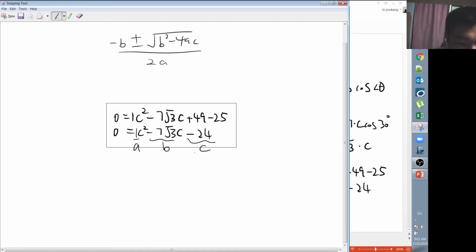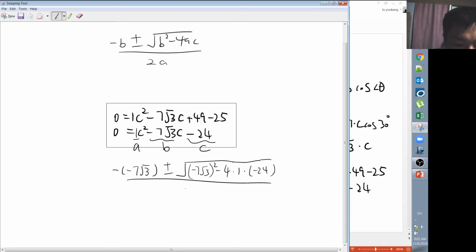What you need to do is just plug in the numbers. So you have minus 7 root 3, plus or minus the square root of 7 root 3 squared minus 4 times a, which is 1, times c, which is minus 24, over 2a, which is 2.